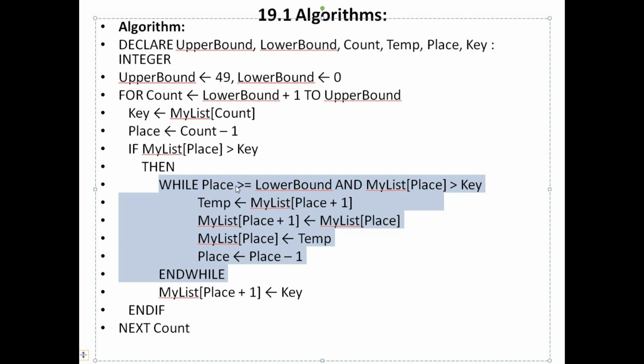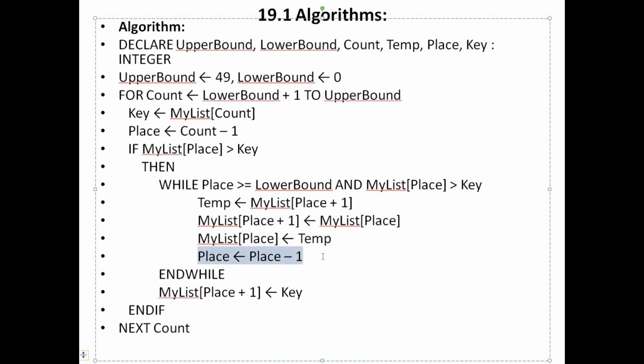while loop. While place is greater than or equal to lower bound and my list place is greater than key, then you take the value at my list place plus 1 and put it in temp. Then at my list place plus 1, the next value, you'll put the value of my list place. Then you'll take the value from temp and put it at my list place.